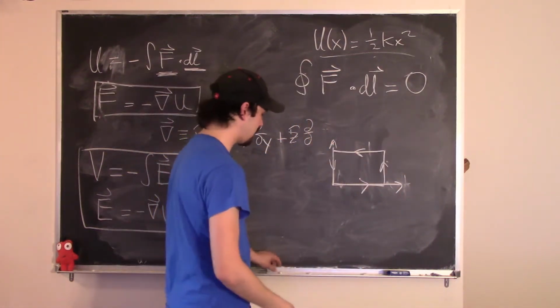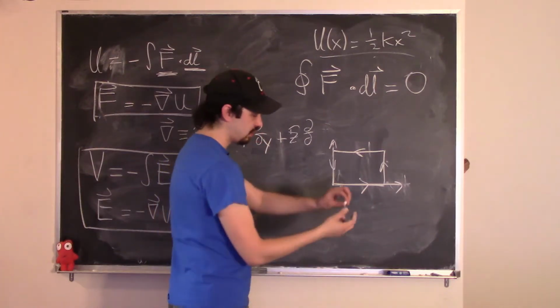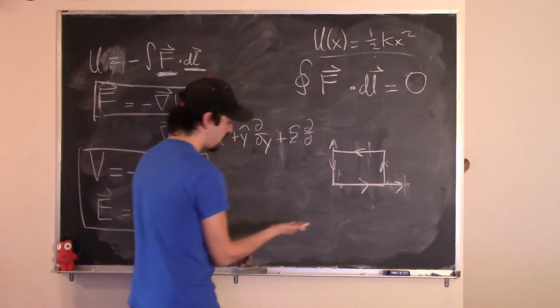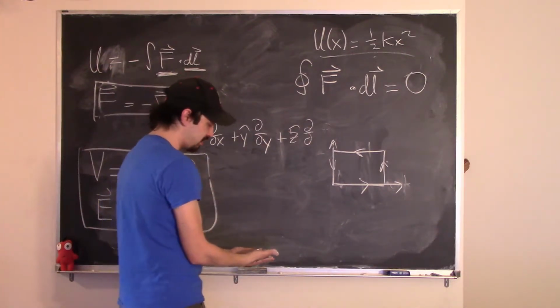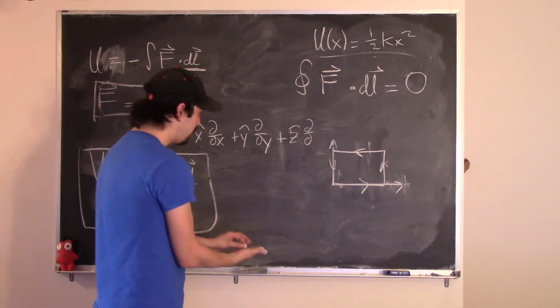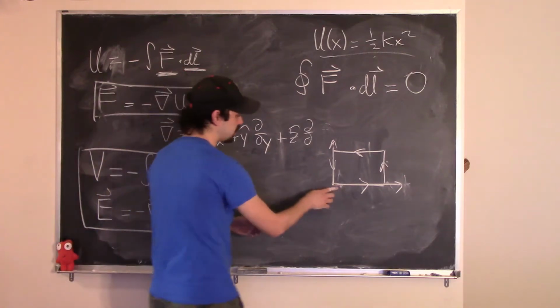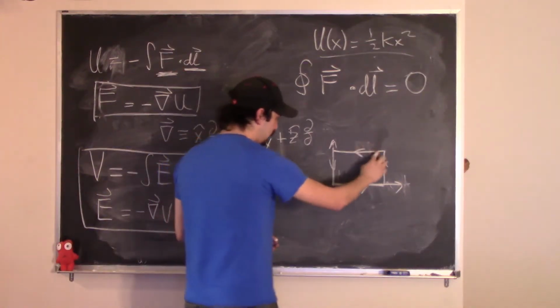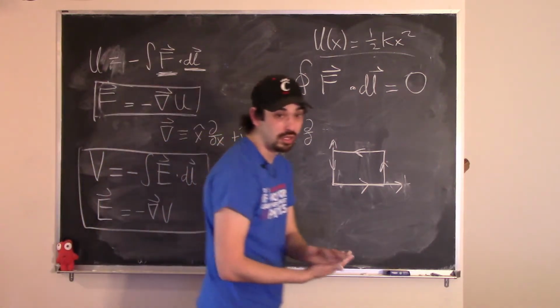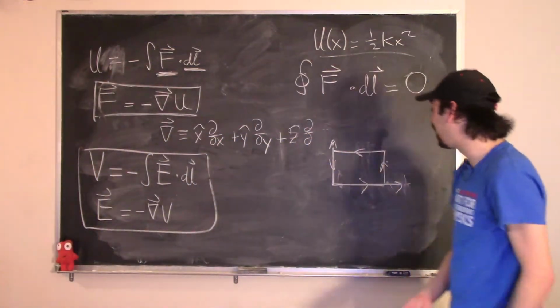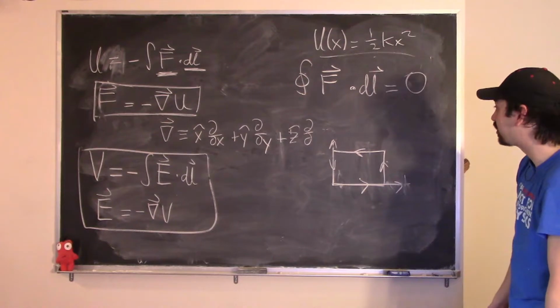If I have this chalk, treat this as a mass. If I move it out, I move it up, I move it over, and I move it back down, and then I'm at the same point, if the integral of the forces around that path is equal to 0, then energy is conserved. But if that's not the case, then you can't say that energy is conserved.